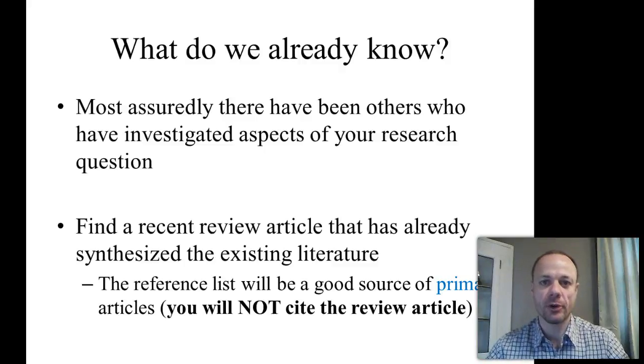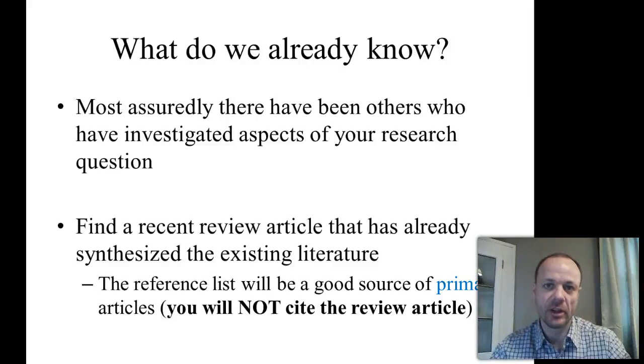But if 100 different groups investigate the same topic and write manuscripts on it, and then somebody else comes along and they write essentially a really big summary of those 100 studies, that would constitute a review article, and that's a secondary source.